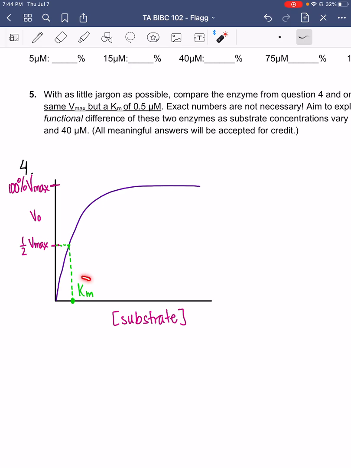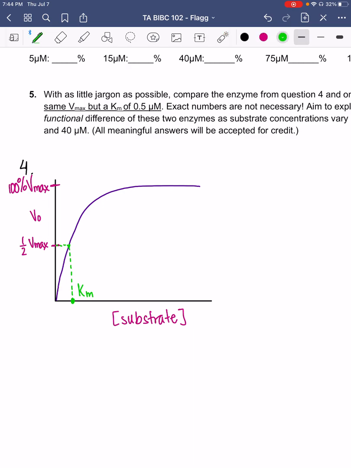So Km is something that is just dependent on the enzyme, and more specifically the active site of the enzyme. Km is something that identifies how strongly the enzyme has attraction to its substrate.